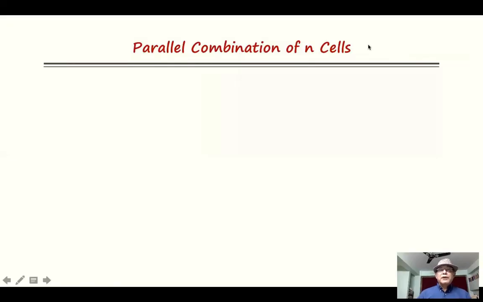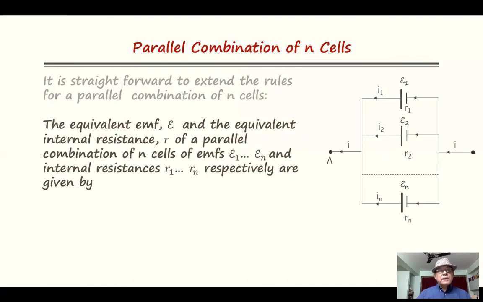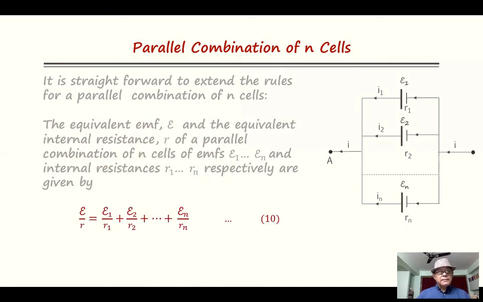Now, parallel combination of N cells. It is straightforward to extend the rules for a parallel combination of N cells. The equivalent EMF E and the equivalent internal resistance R of a parallel combination of N cells of EMFs E1 up to En and internal resistances R1 up to Rn respectively are given by E by R is equal to E1 by R1 plus E2 by R2 plus up to En by Rn.